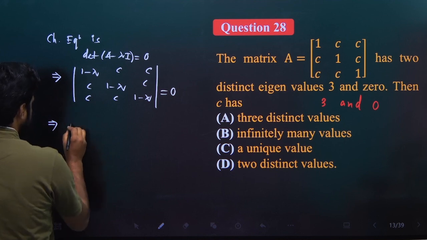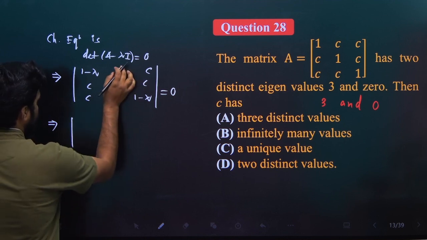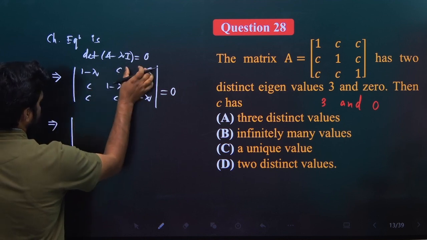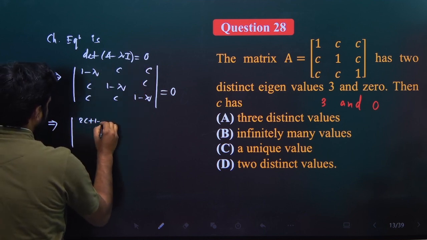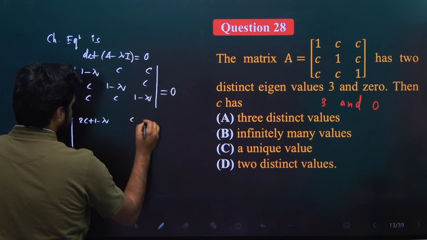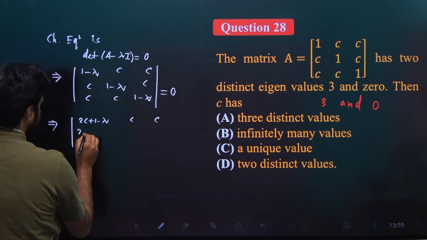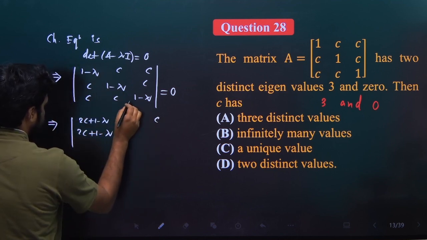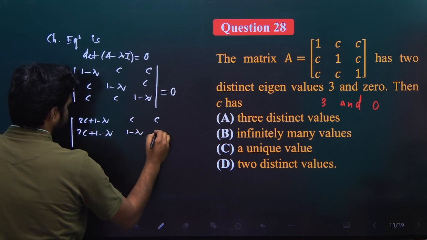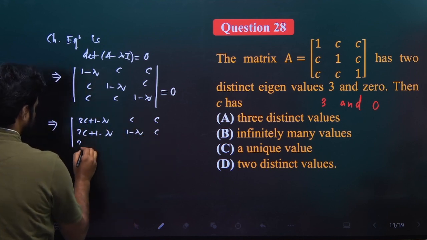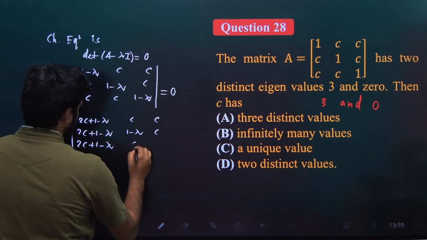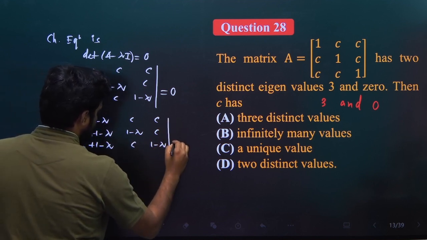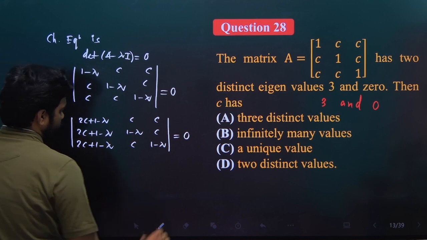So what we get is 2c plus 1 minus lambda in each entry of the first row, then c, 1 minus lambda, c and c, c, 1 minus lambda equal to 0.